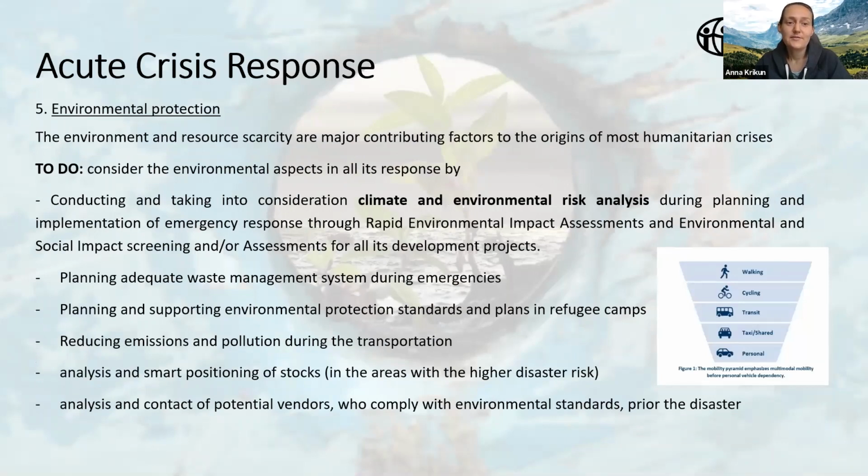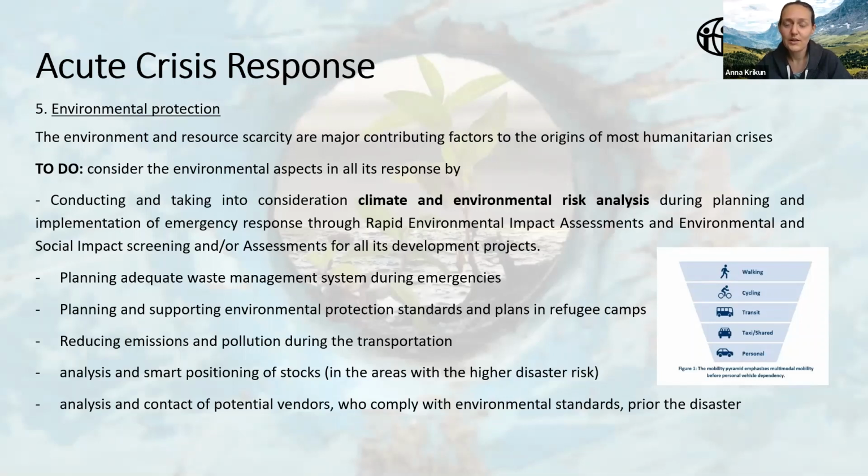Another suggestion is environmental protection, and we talk a lot about whether we need to have environmental aspects in our humanitarian action, and our suggestion is yes, we need to have it. How to do this: the first step is having a climate and environmental risk analysis.